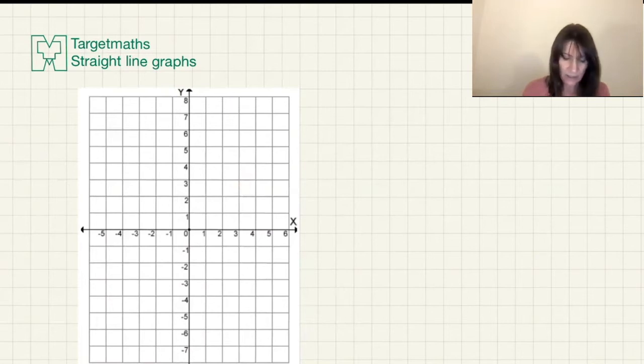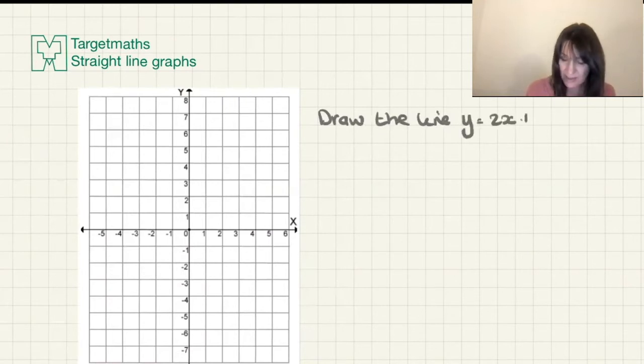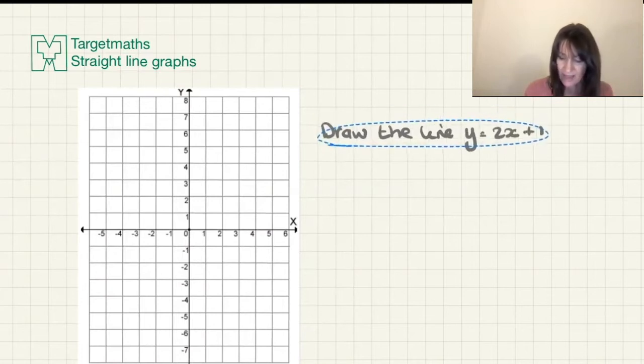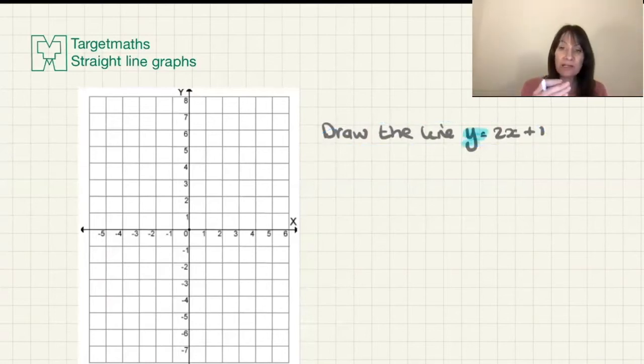If this question also has a sentence along the lines of draw the line y equals 2x plus 1. If it has that, and the key bit, to be honest with you, is really that bit there. If you've got y equals, it doesn't matter what they've got that side.